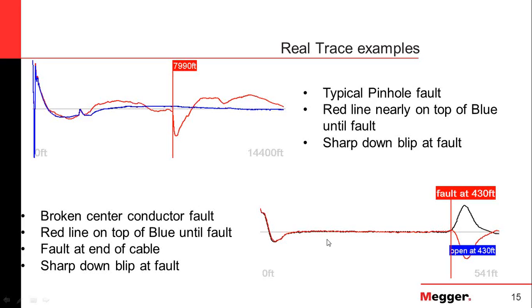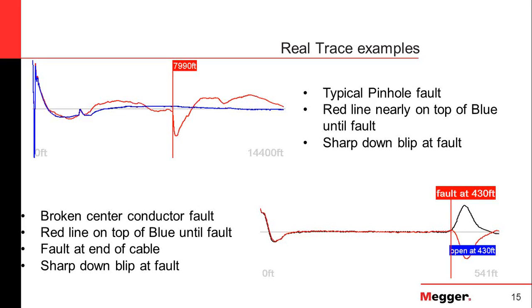Now down below we have kind of a special case. This is really not that unusual, where if we look at the trace, the fault distance and the open end of the cable, the bump up and the bump down are at exactly the same location. And this occurs when the center conductor of the faulted cable has been severed in half.